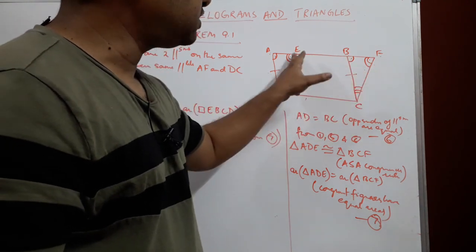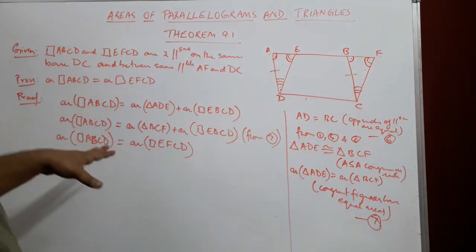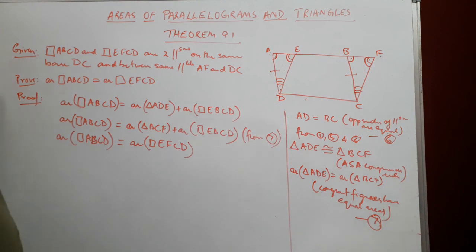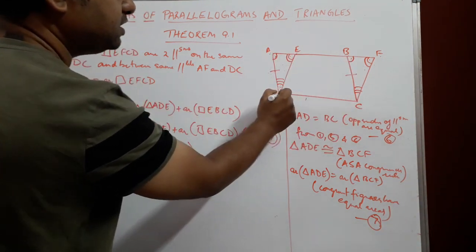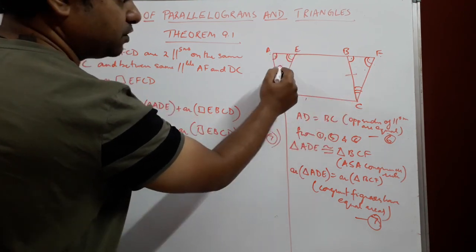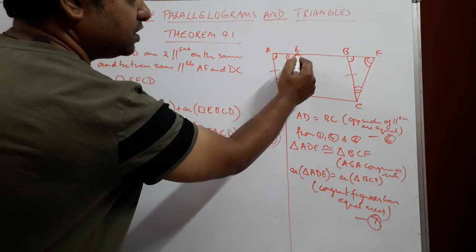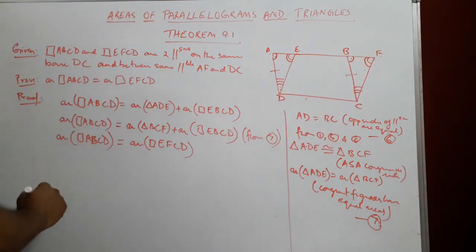These two were parts of EFCD, and hence ultimately what we ended up proving was that this particular parallelogram ABCD is equal in area to EFCD. Okay, so that's how we can prove that two parallelograms are equal.